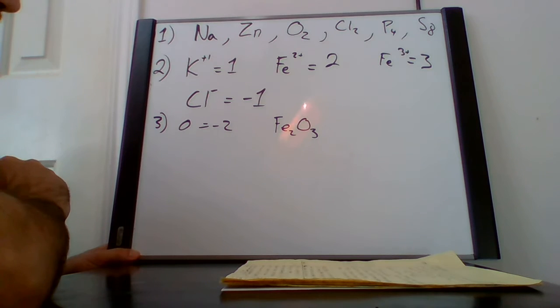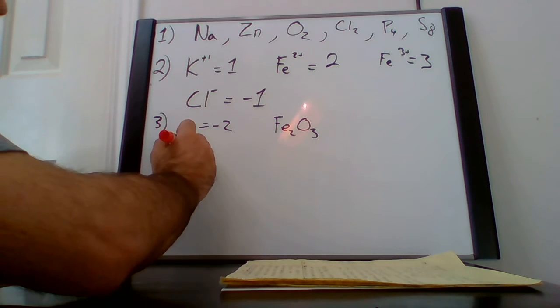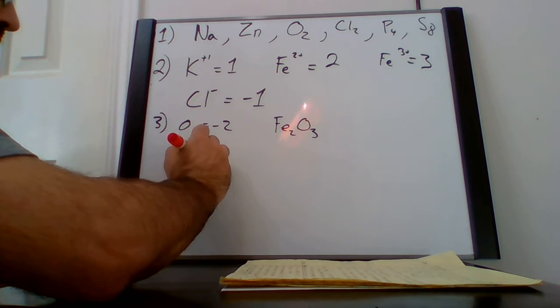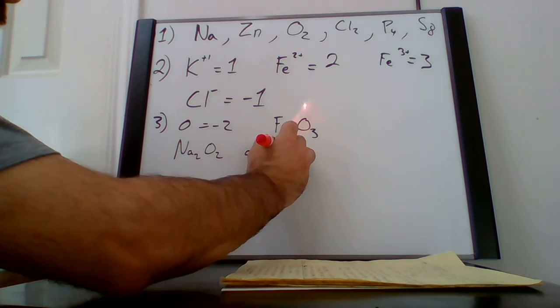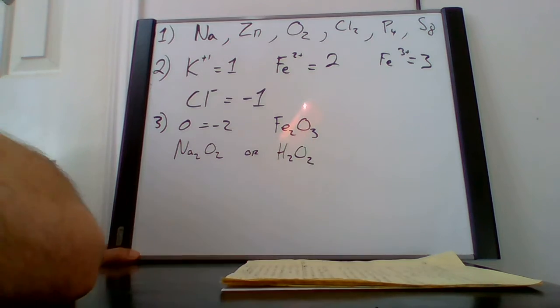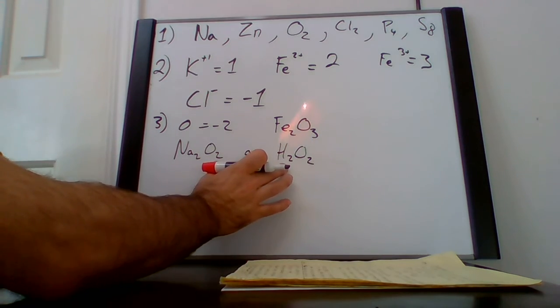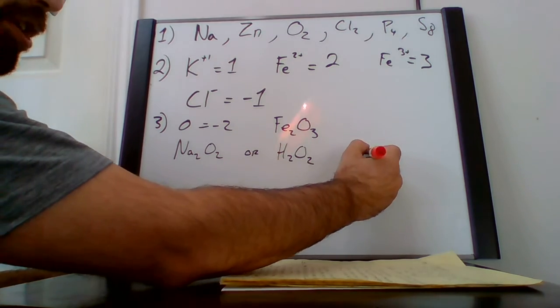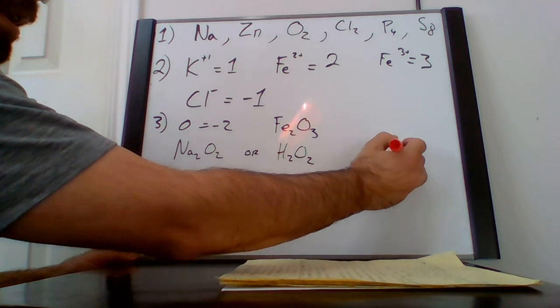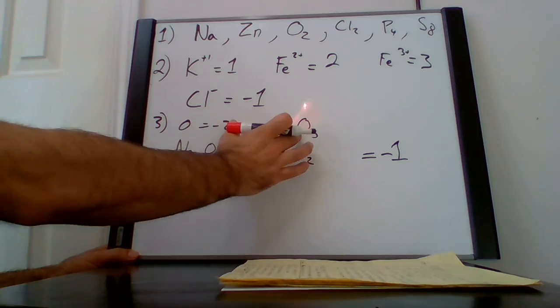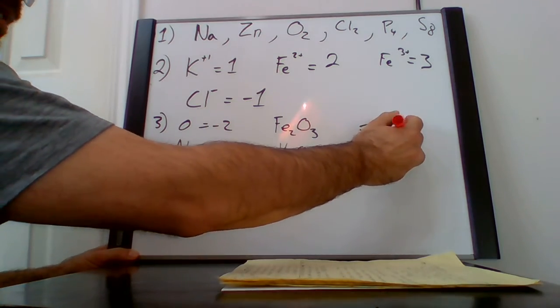But we have exceptions. The first exception will be a peroxide. So we could talk about sodium peroxide, or our more common one, hydrogen peroxide. In each of these situations, oxygen has an oxidation number of -1. When it's in a compound like this, it's a -2.